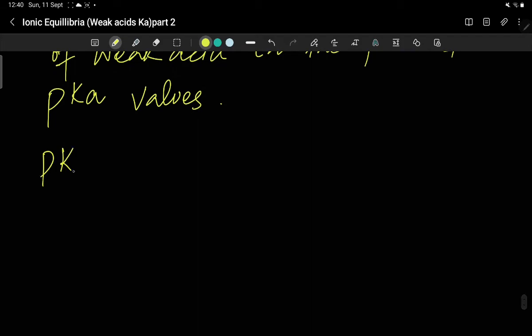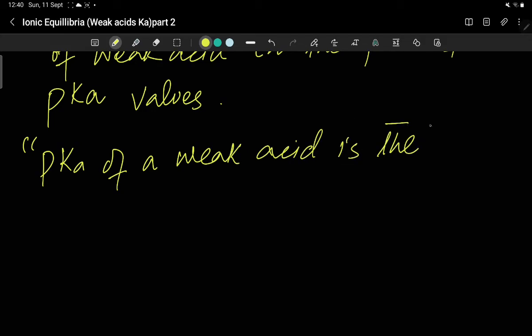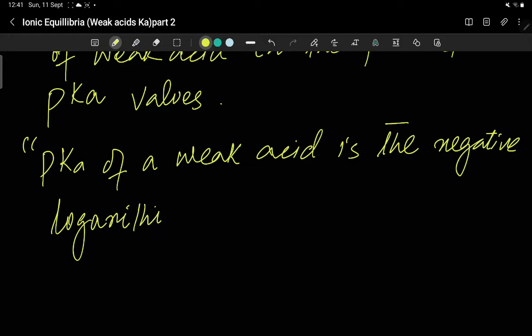The pKa of a weak acid is the negative logarithm of the Ka dissociation constant.